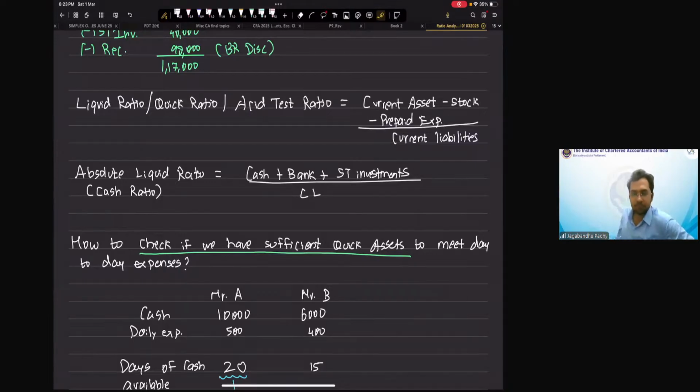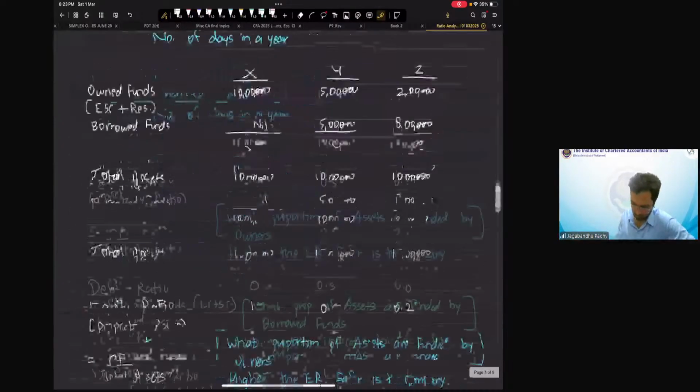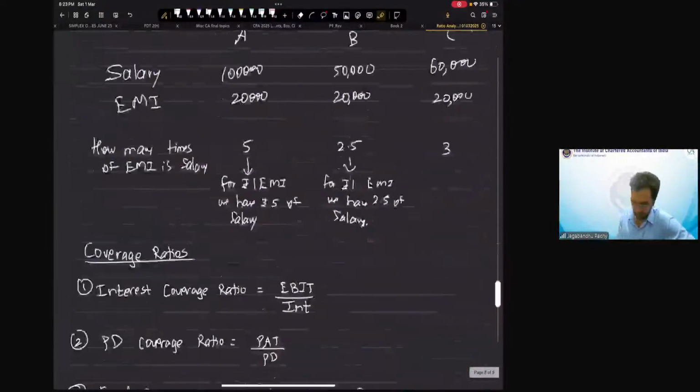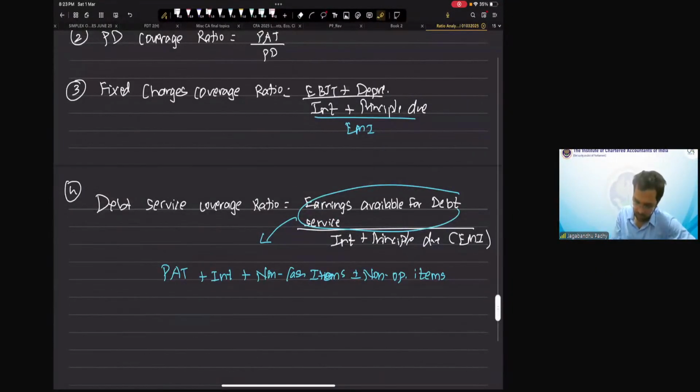Yes, Pooja. Sir, what is the difference between fixed charge coverage ratio and debt service ratio? The difference is that in fixed charge coverage ratio, you're looking at EBIT plus depreciation, so you're not bringing in taxation. You're not considering that you need to pay tax out of this also, right? But in the debt service coverage ratio, we are taking PAT. So it means we are considering what is left after payment of tax for payment of interest and principal.